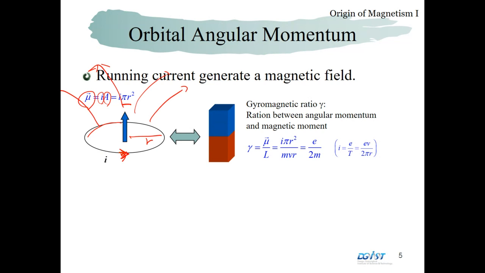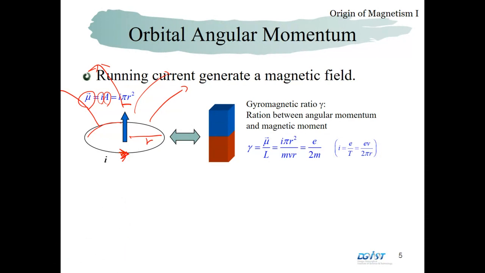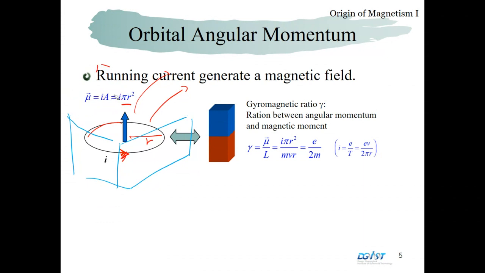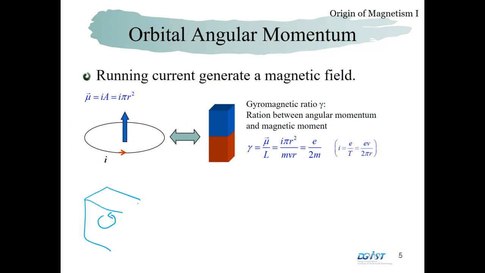And let me ask one question. If you assume there is some black box, let me make it clear. Let me ask a simple question. If you have such a running current inside of some box, you can measure the magnetic field outside of the box.